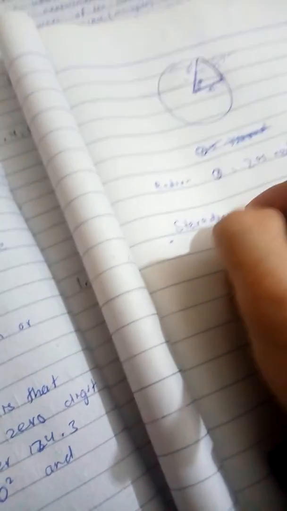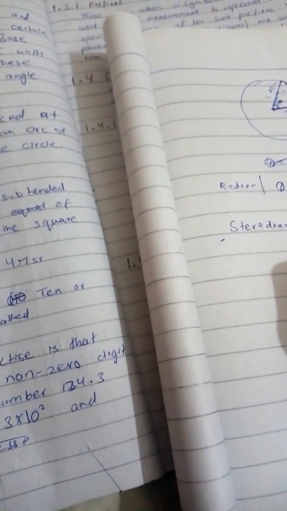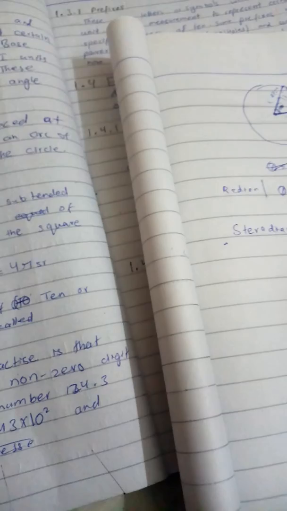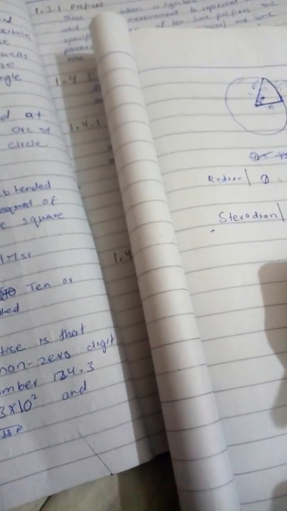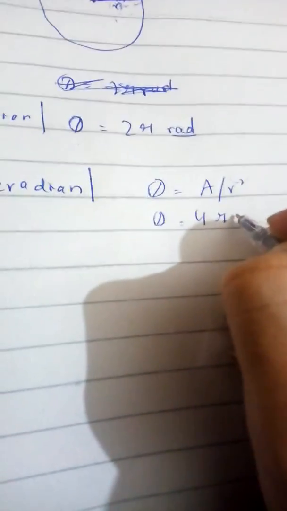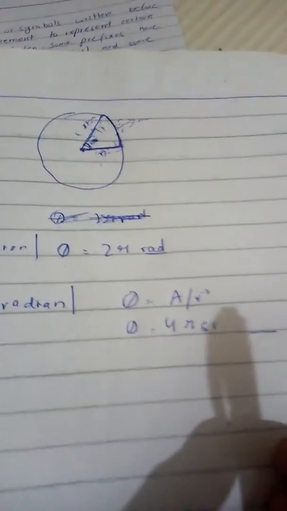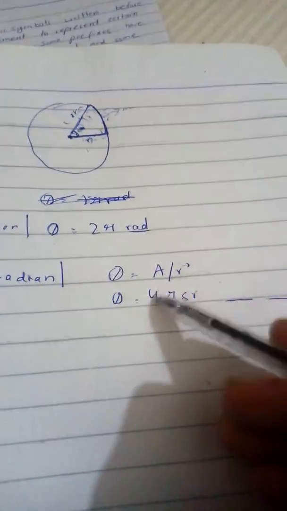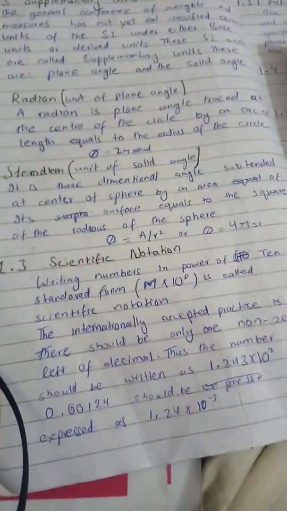The formula for steradian is theta equals area divided by r square, which can also be illustrated as theta equals 4 pi steradian. This is the formula to find the steradian. And don't worry, in this chapter we are not going to calculate anything like that.